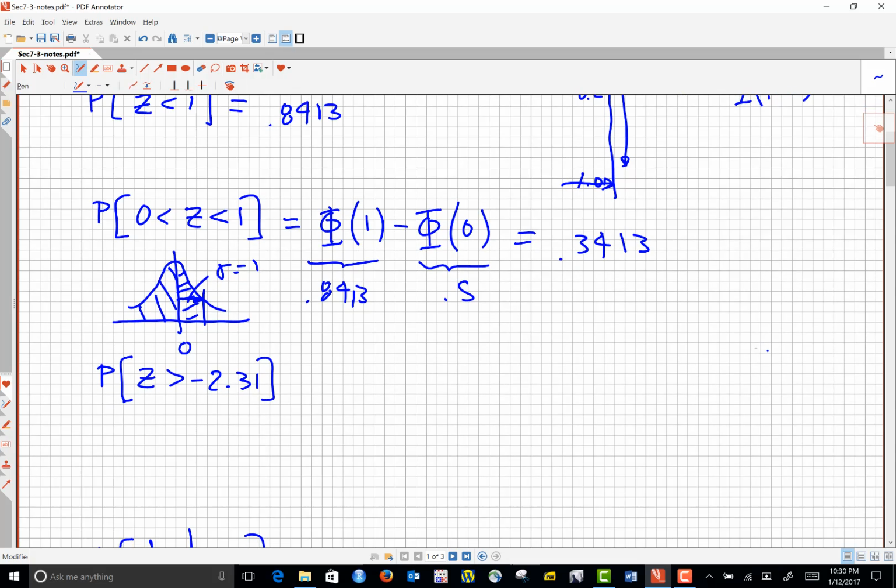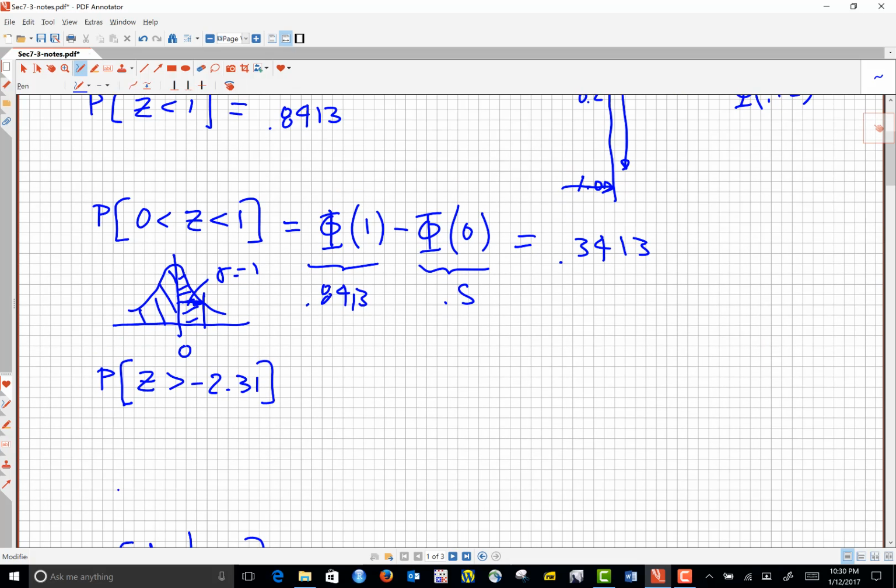If I was to ask what's the probability that z is bigger than minus 2.13, then my picture is something like this. There's the number minus 2.13.